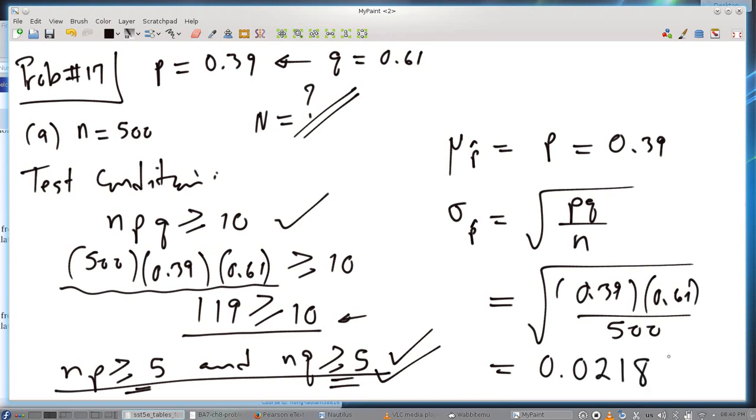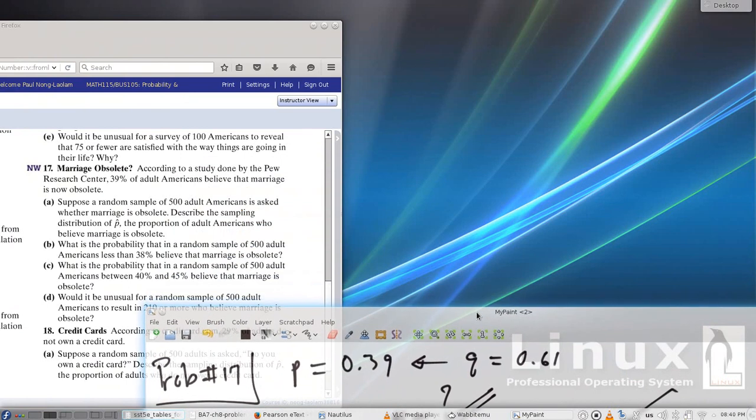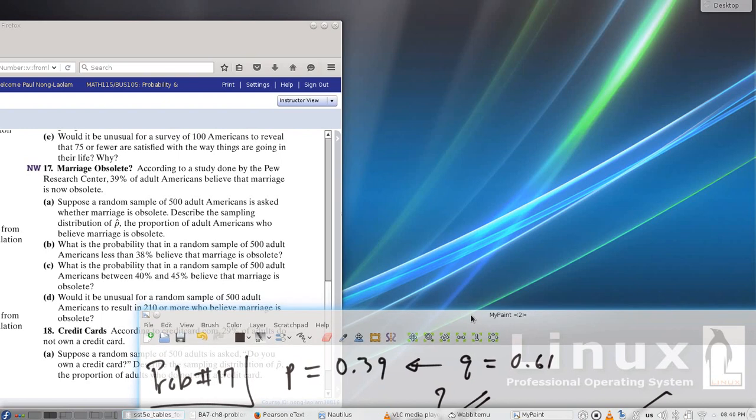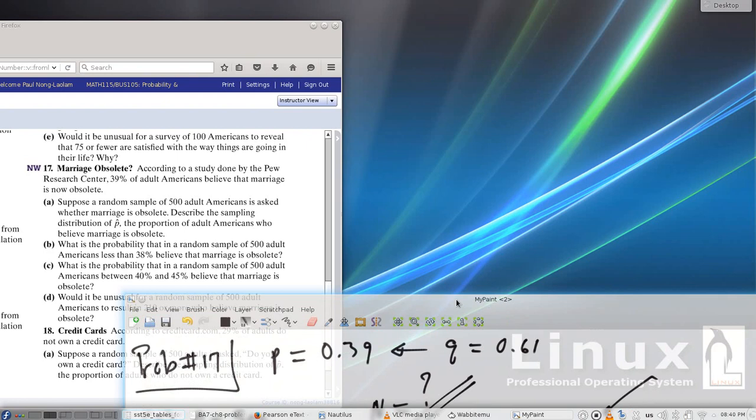That is the standard deviation of the sample proportion, and that pretty much answers part A, to describe the properties of the sampling distribution of the sample proportion: its mean and its standard deviation. What about B? What is the probability that in a random sample of 500 adults, less than 38% believe that marriage is obsolete?